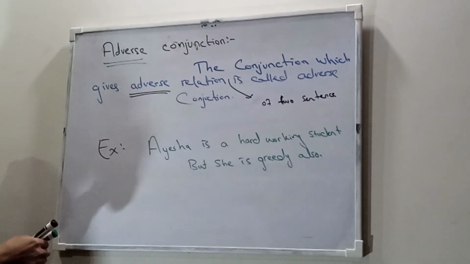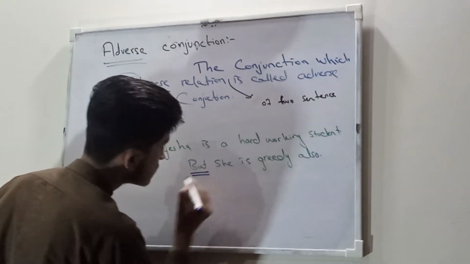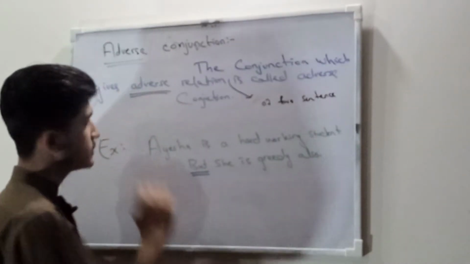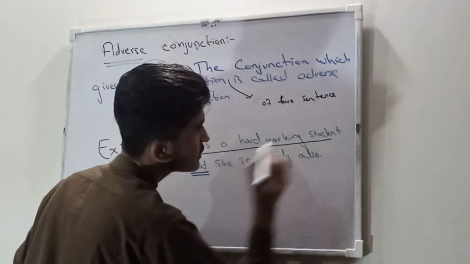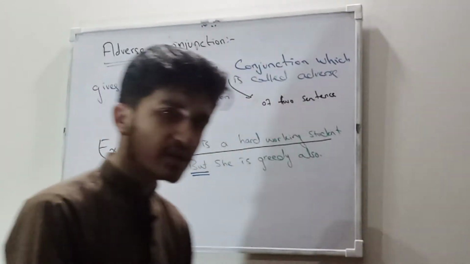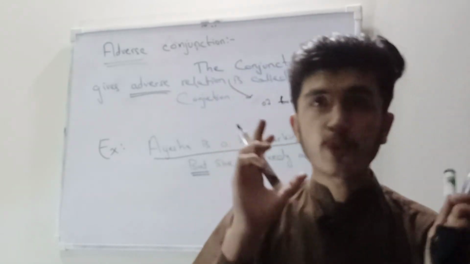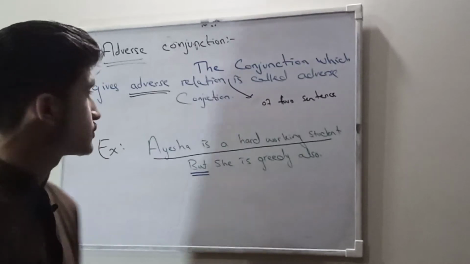Now you can see that here this 'but' is a conjunction and this sentence has an adverse conjunction. Why? Because Aisha is a hard working student. In this sentence it gives us a positive meaning, that she is a hard working student.